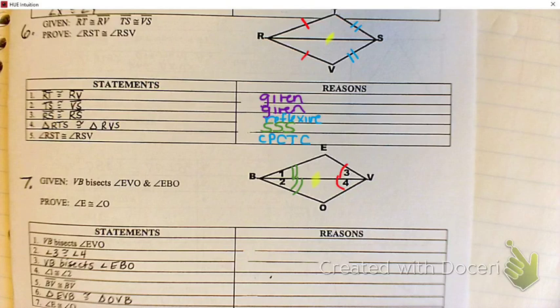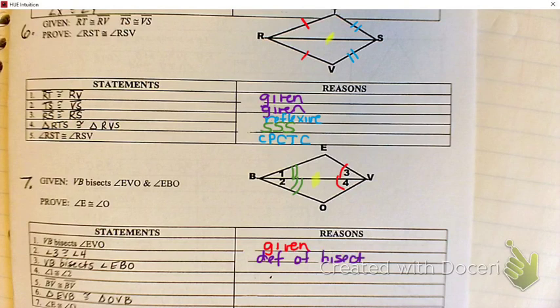So VB bisects EVO. Josh, what's the reason? Angle 3 is congruent to angle 4, Nate. Why? It's not given. I put definition of VB bisect. Good job.